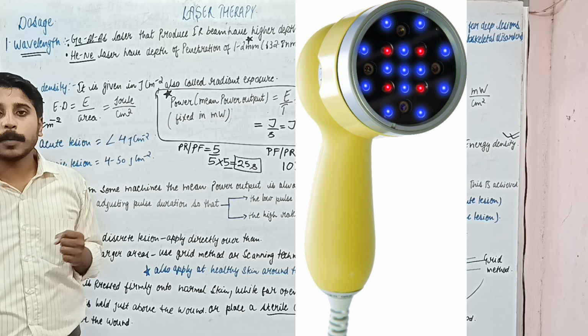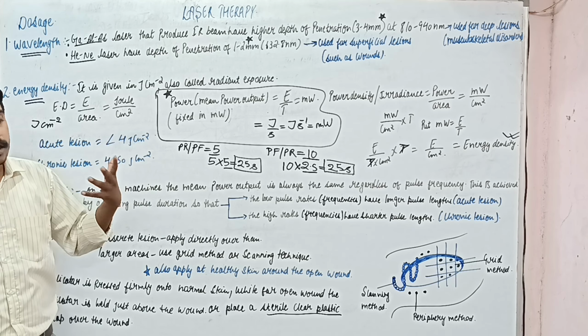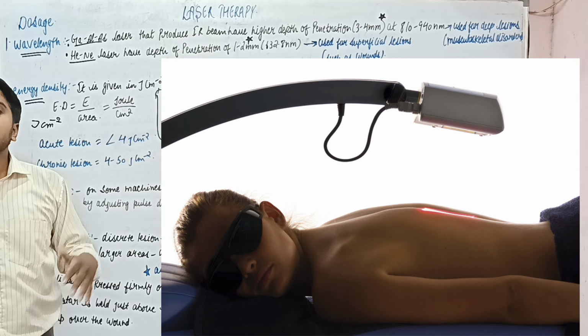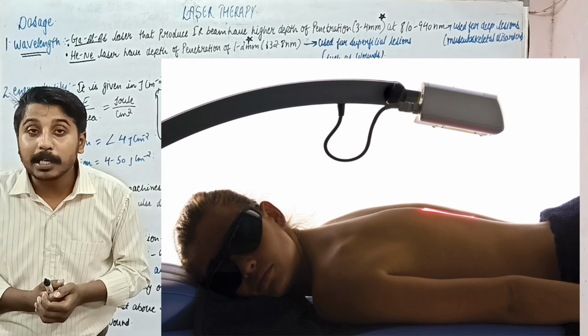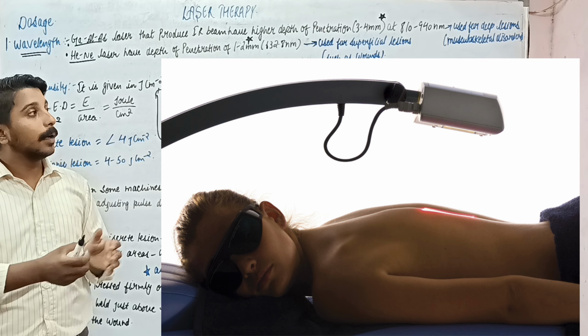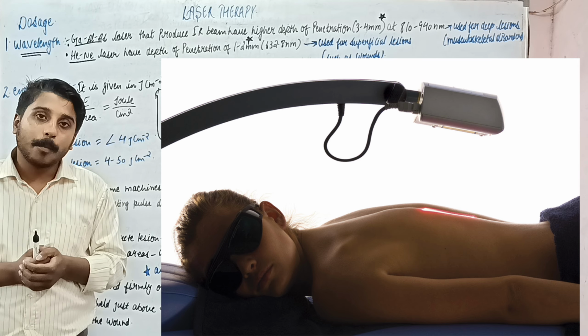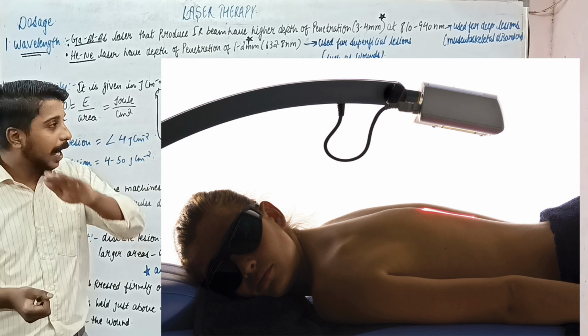Okay, so cluster probe can be used on larger areas. And the last method is the scanning method, where larger area can be treated, and here we place the emitter 30 centimeter apart from the body part, and it will just scan the whole part and apply the laser.